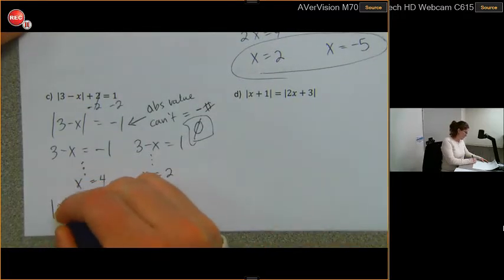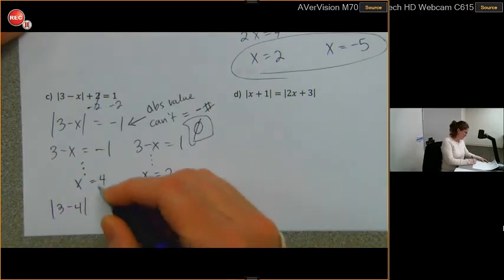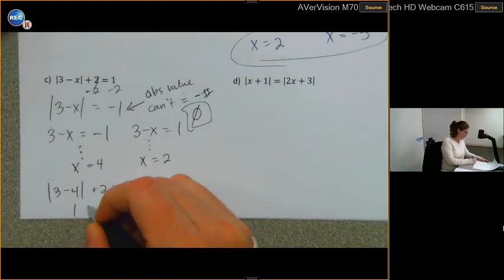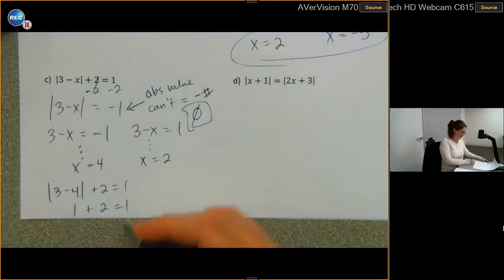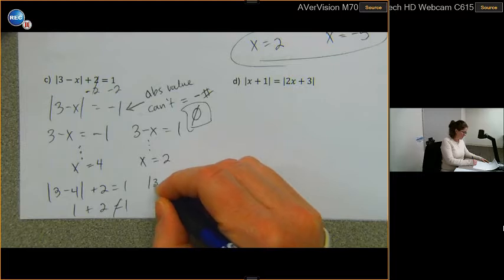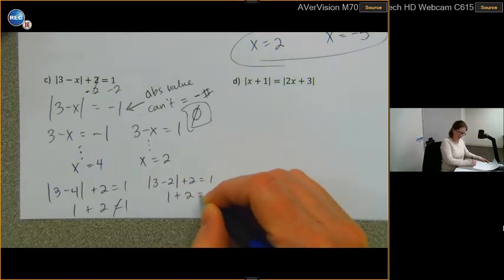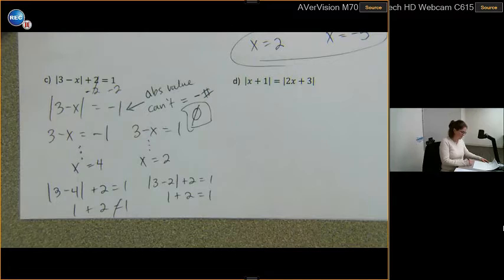But if you checked your answers, you'd get negative 1, you'd get 1 plus 2 equals 1. Well, that doesn't work. And you'd get again 1 plus 2 equals 1. That doesn't work. So when you check them, your solutions don't work.